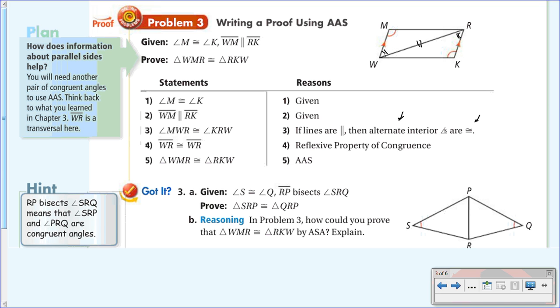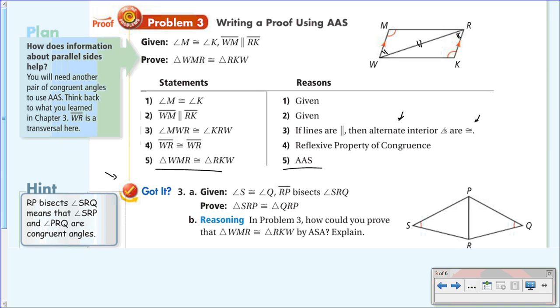Because remember, it's touching angle W in this triangle, which is congruent to angle R in this triangle, and it's also touching angle R. So this is the same non-included side in both triangles. So therefore, our triangles are congruent because of angle-angle-side.